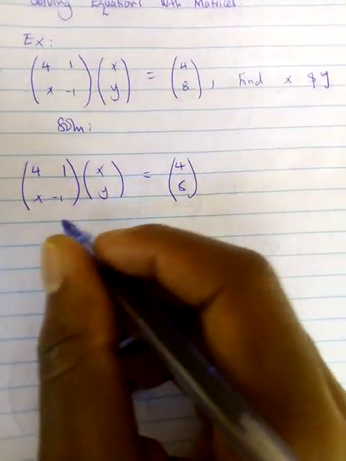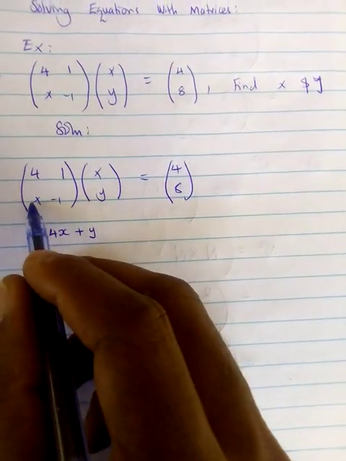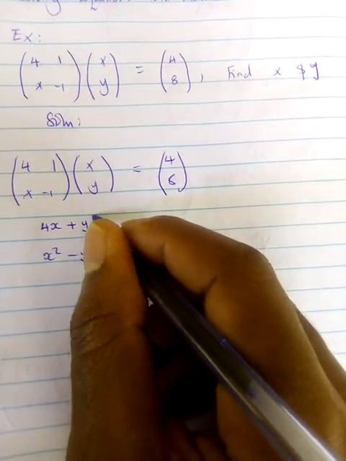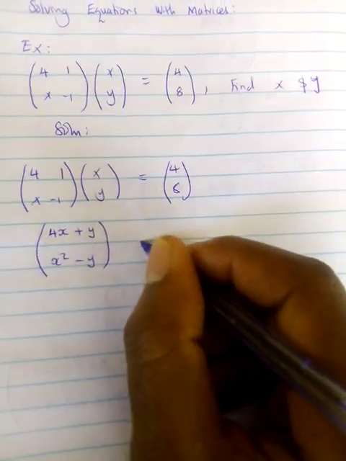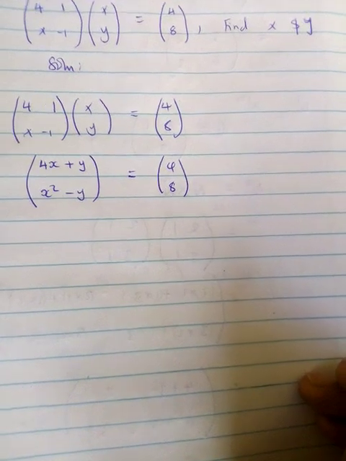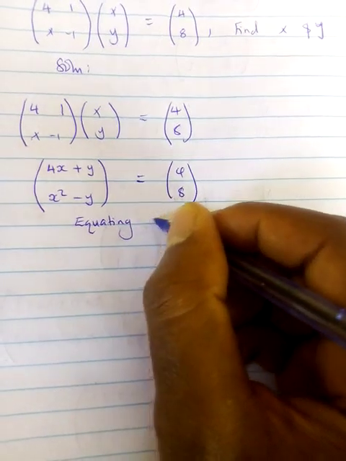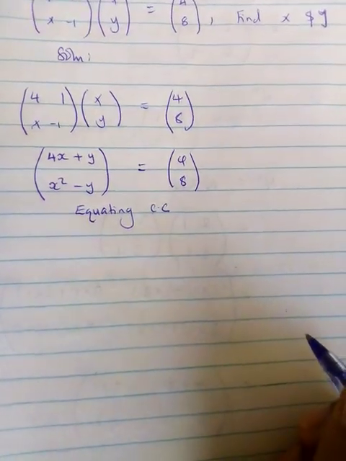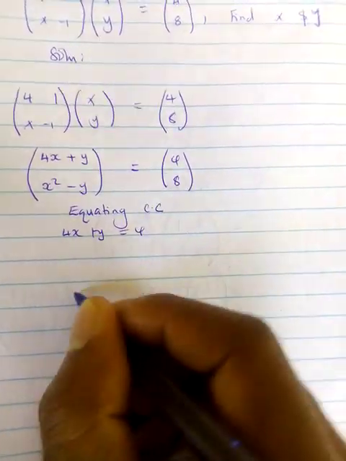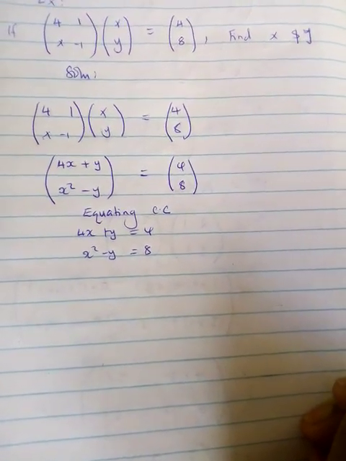I have 4 times x, which is 4x, plus 1 times y. Then the second row: x squared minus y. This equals (4, 8). So I equate corresponding components. I have 4x plus y is equal to 4, and x squared minus y is equal to 8. These are simultaneous equations.